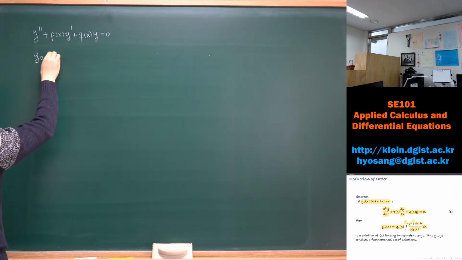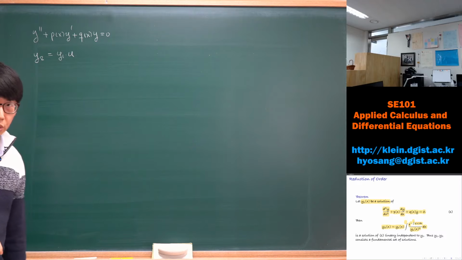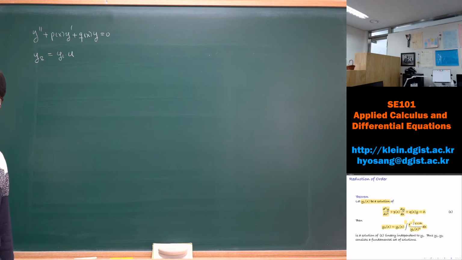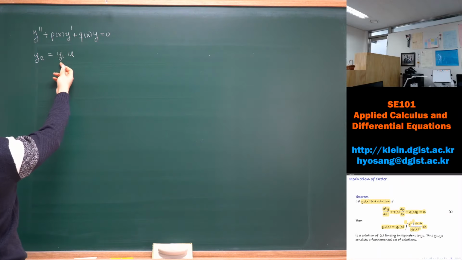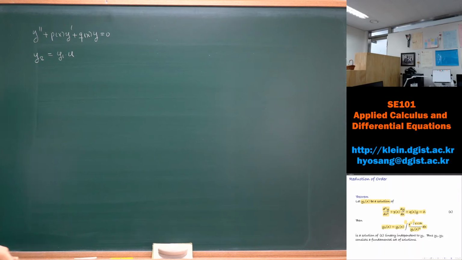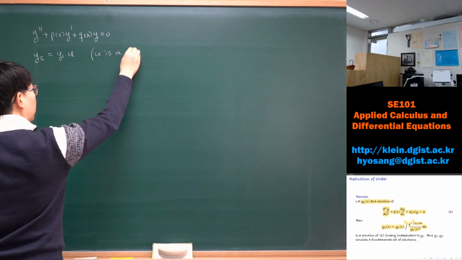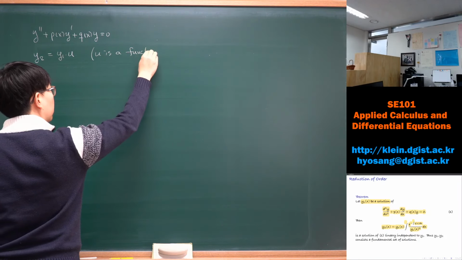Let's say y2 is another solution, and I can express my y2 as y1 times u. So u is unknown yet, but any function y2 can be obtained by multiplying some other function to y1. So I'm just assuming that y2 is a multiple of y1 with some function u. So u is a function, not a constant function.